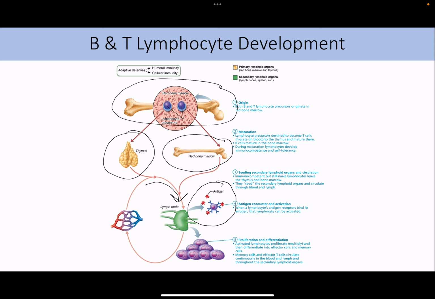They will encounter their antigen at secondary lymphoid organs, including lymph nodes. Also, we learned about the spleen and the appendix and Peyer's patches and tonsils. But they'll also be in circulation, going between the cardiovascular system and the lymphatic system back and forth all the time. When they do encounter their antigen, though, they can make copies of themselves to help fight off whatever that antigen is, whatever the invader is.